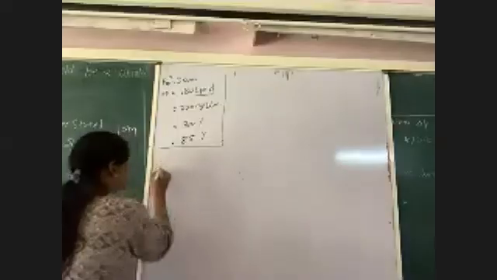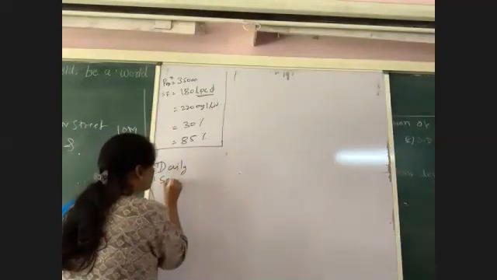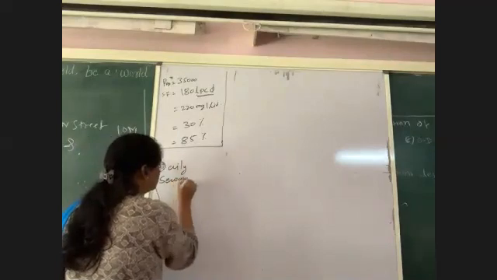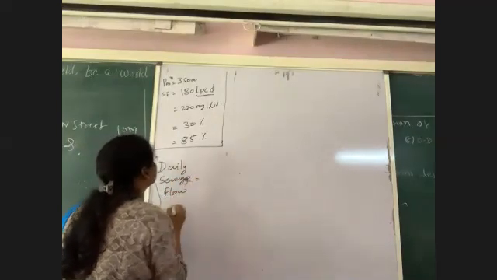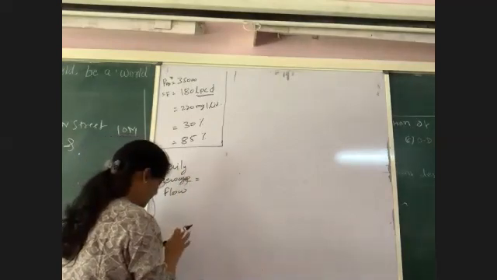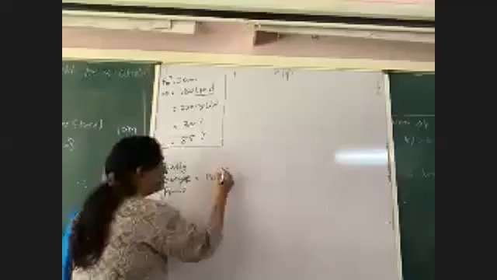So first of all, we will calculate daily sewage flow. Daily sewage flow is equal to total population multiplied by average sewage flow.